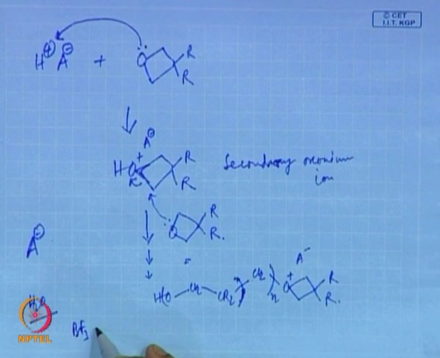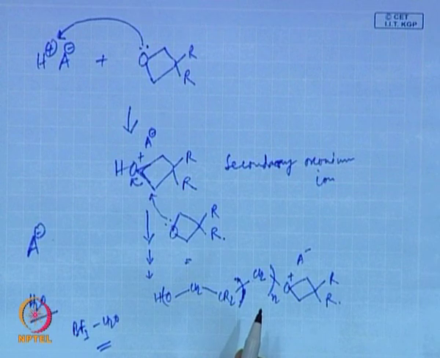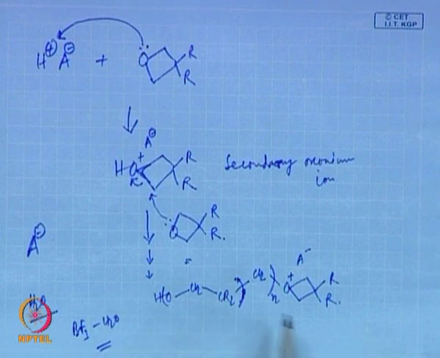Now, other types of initiators, those catalysts and co-catalysts we talked about, like BF3 and H2O, and other types, can also be used in this cationic ring opening polymerization.